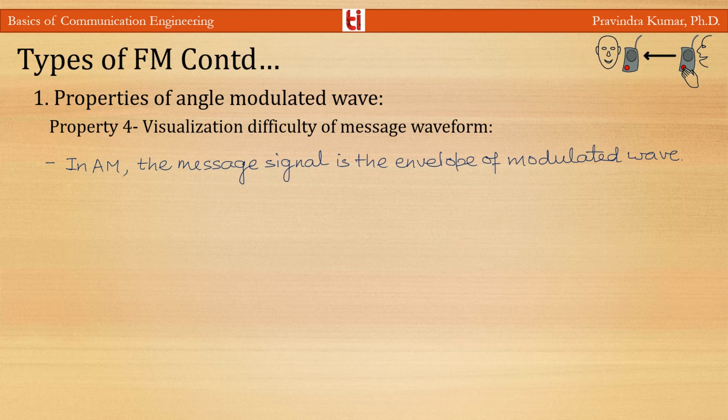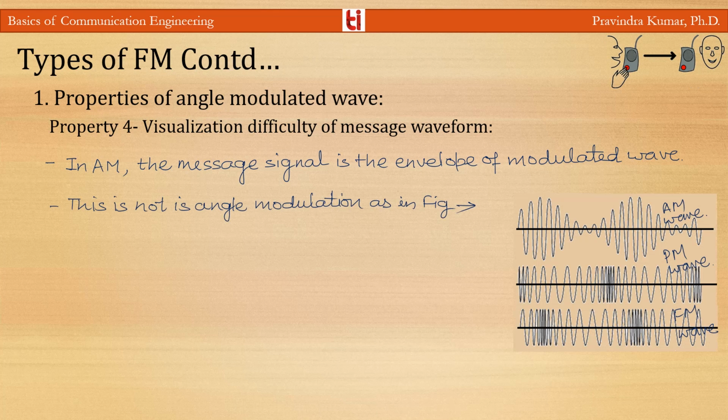In general, there is a difficulty in visualizing the message signal in an angle modulated wave. Just like in this figure in AM, we can easily visualize the modulating signal or baseband signal as the envelope. But in PM and FM, it cannot be easily visualized what the shape of your modulating signal will be. So there is a difficulty.